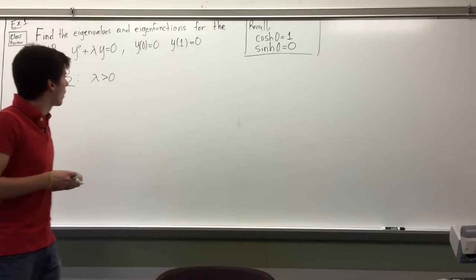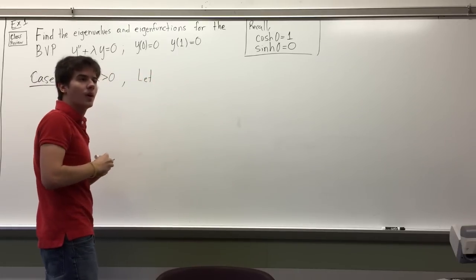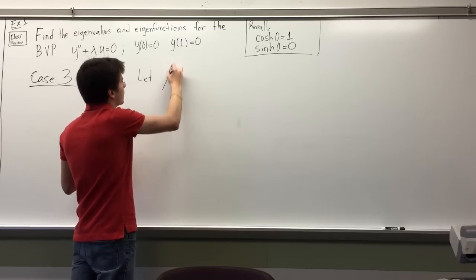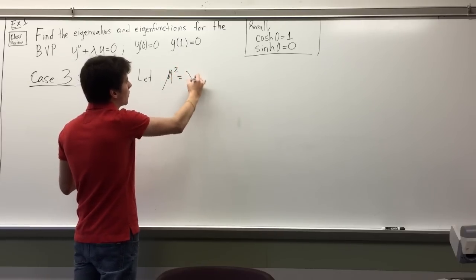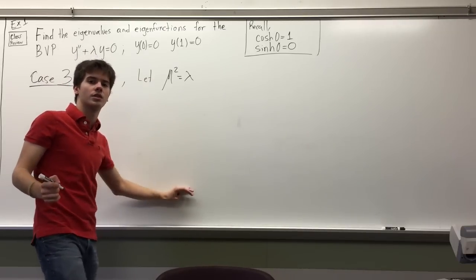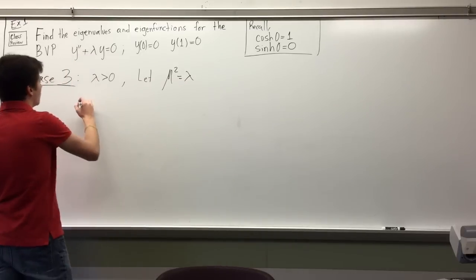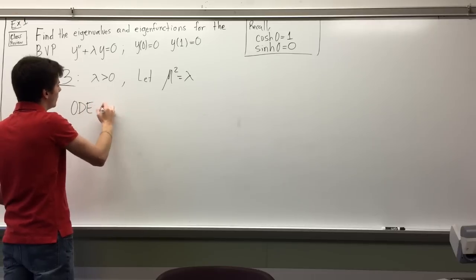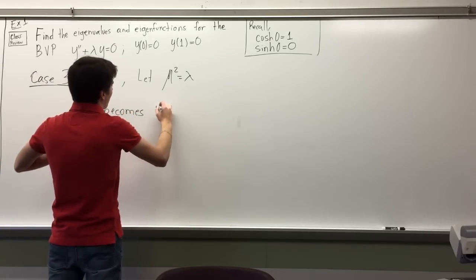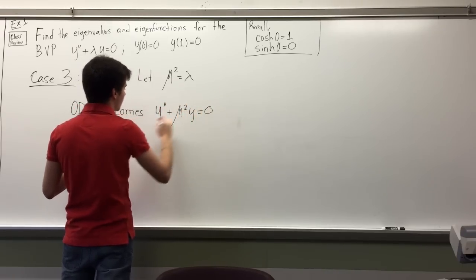In this case, we're also going to define lambda in terms of something else. But instead of writing mu squared is negative lambda, we're just going to say mu squared is equal to lambda. Then we're going to see how that simplifies our calculations later on. So when we define mu squared is equal to lambda, our ODE becomes y double prime plus mu squared y is equal to 0.